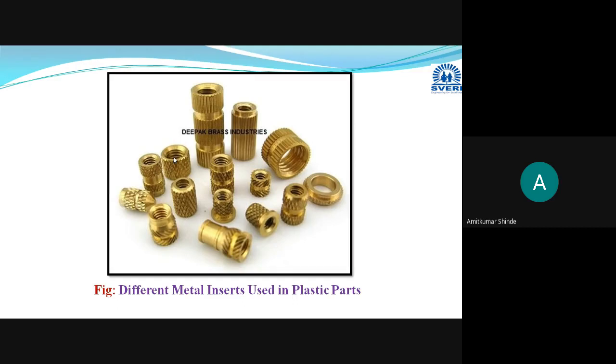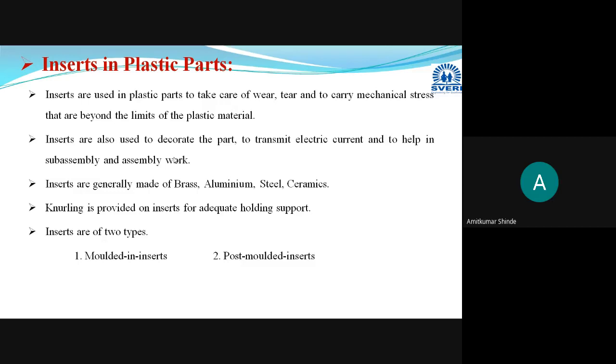Now, after describing the purpose of using these inserts, which material can be used for making them? Different metals are used.